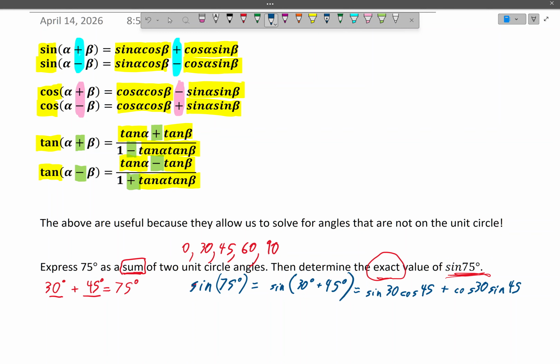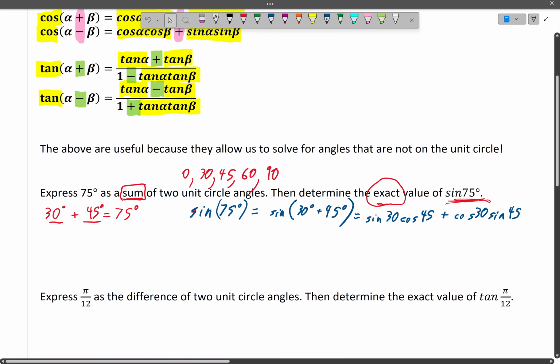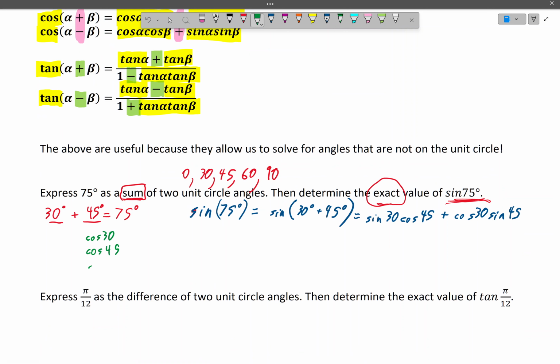So here we have our new statement, which is all fine and good, but that means we need to figure out the value of cos 30, cos 45, sine 30, and sine 45. If we can find each of these, then we can solve that question.